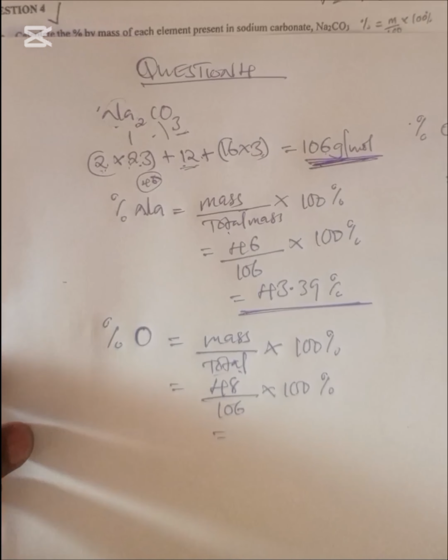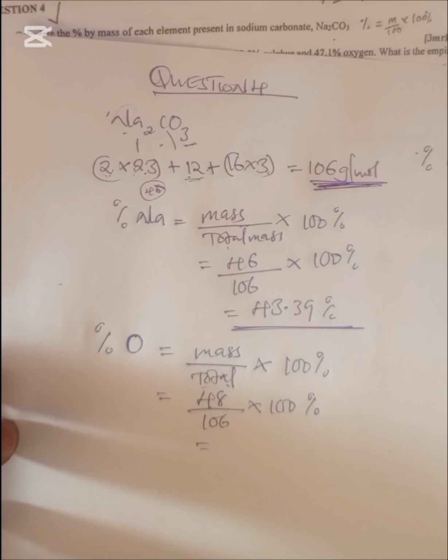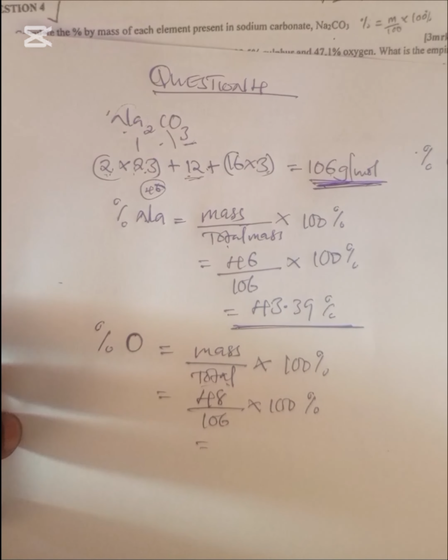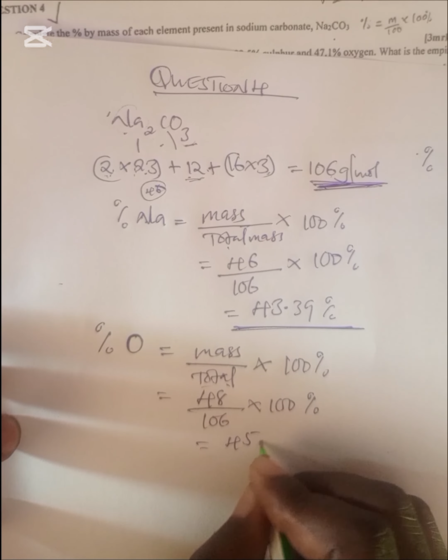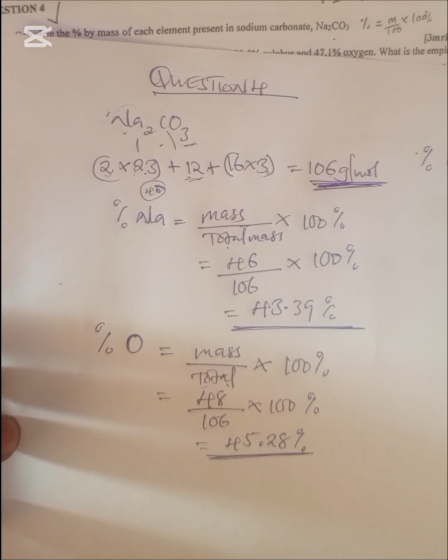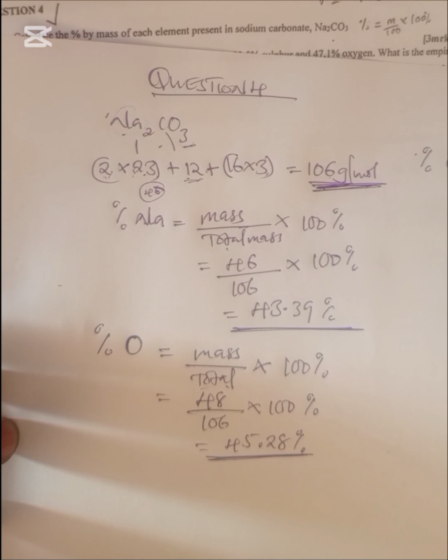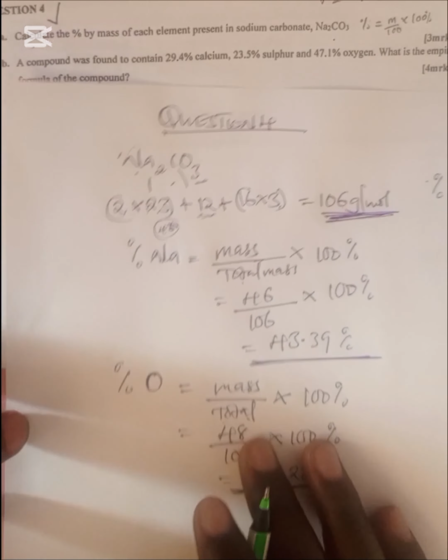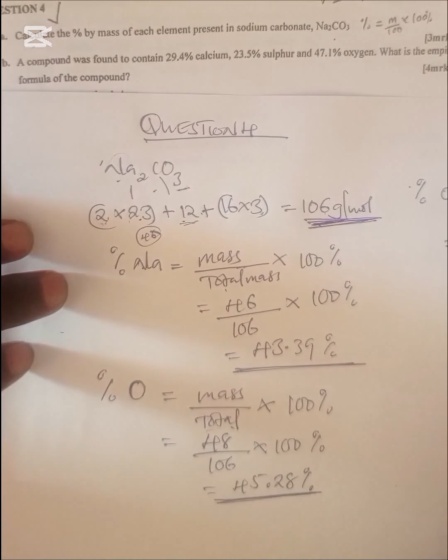When you type everything in the calculator, this will give you 45.28%. So this is the percentage of oxygen in sodium carbonate. So you've answered that question, and you're given 3 marks for doing that.